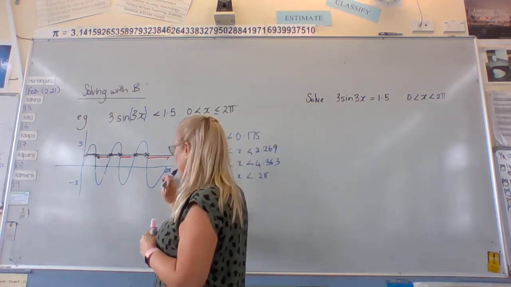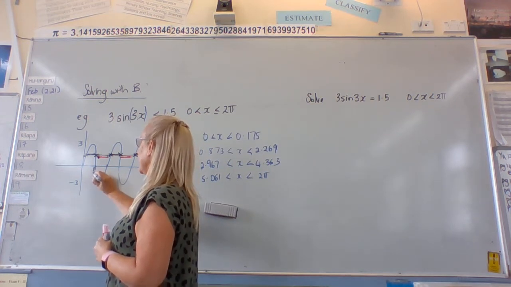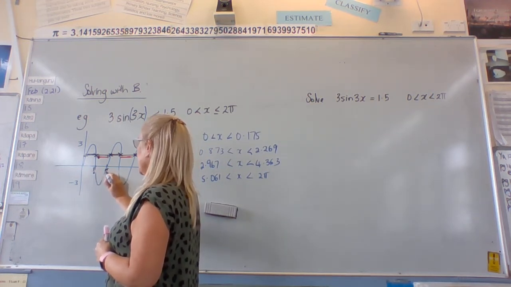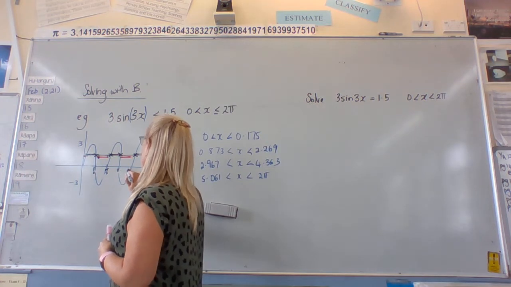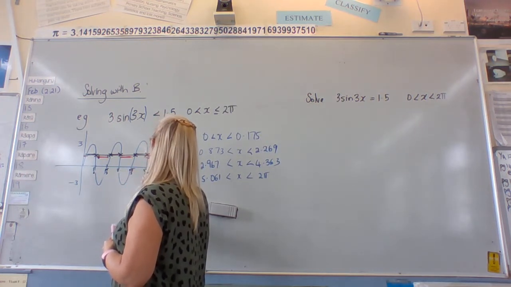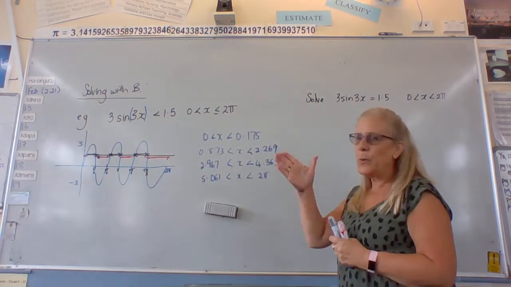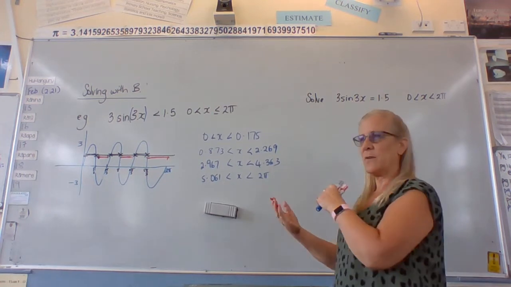All right, so I need to use the points that are symmetrical. So I've got 2π here. I know this is π/3, 2π/3, π, 4π/3, 5π/3, 6π/3, or 2π. So at those points, there's symmetry in the graph.